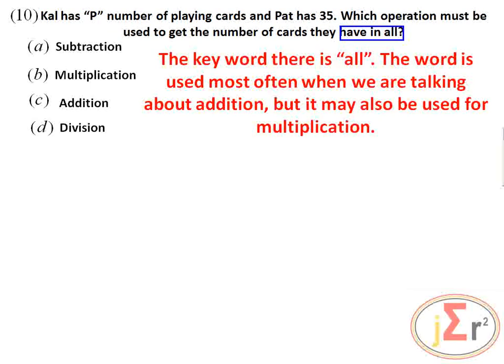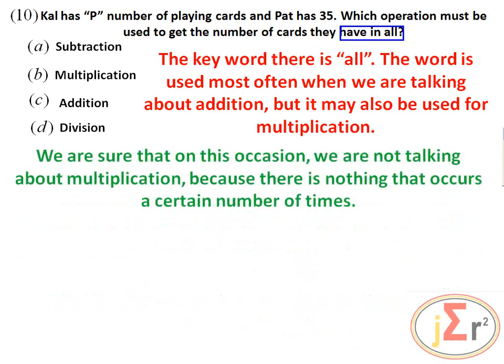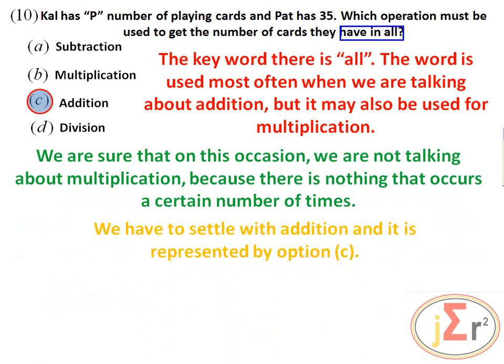Jerry Lewis has concluded already that it is addition. We are sure that on this occasion we are not talking about multiplication because there is nothing that occurs a certain number of times. So addition is our option of choice. We have to settle with addition and it is represented by option C.